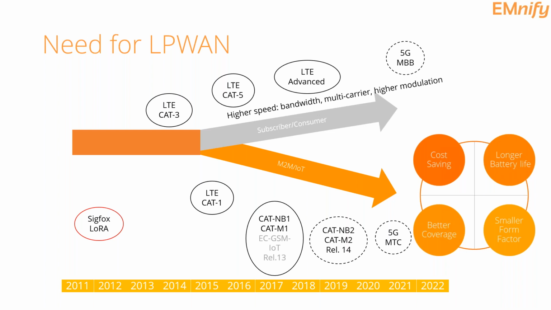So therefore, in 2011, 2012, Sigfox and LoRa actually started something new, which was by that time also coined low power wide area networks.